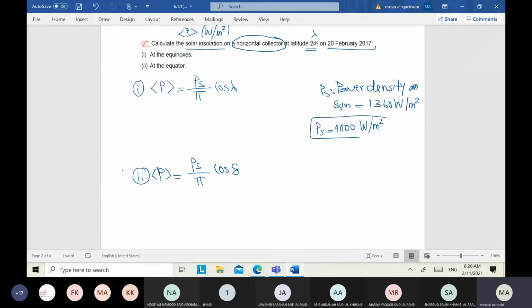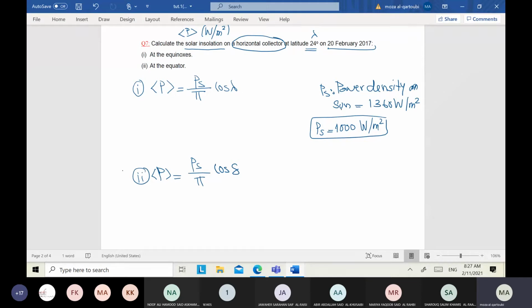This is the value of power density used in this case because it now reaches the atmosphere. This is constant now: the amount of radiation that reaches from the sun to the atmosphere. Then PS, in the two cases given at the equinoxes or at the equator, is constant and equals 1000 watt per meter square.